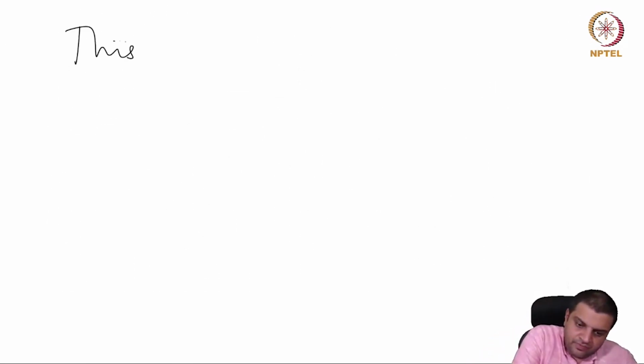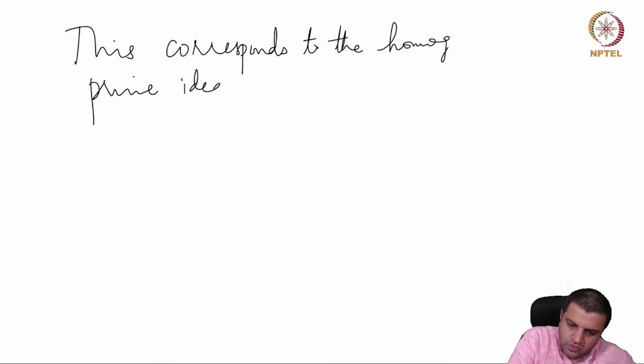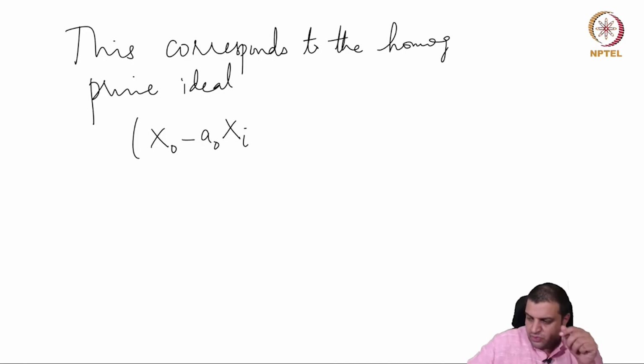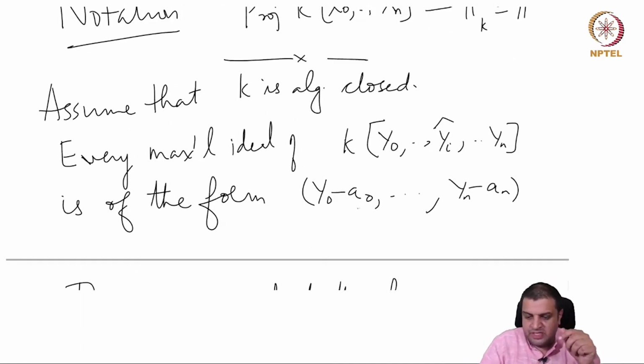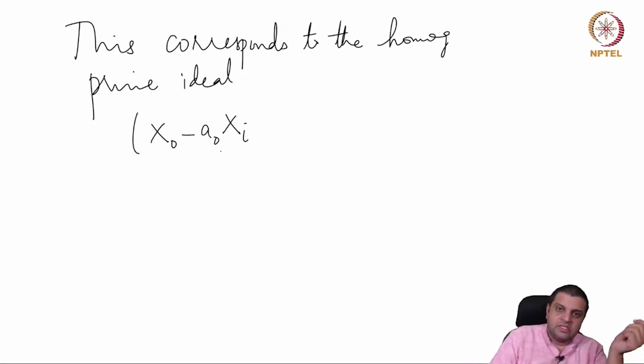So this corresponds to the homogeneous prime ideal generated by x0 minus a0 xi. Remember, here we were saying y0 is a0, which means x0 over xi is a0, so back in S this would be this relation.